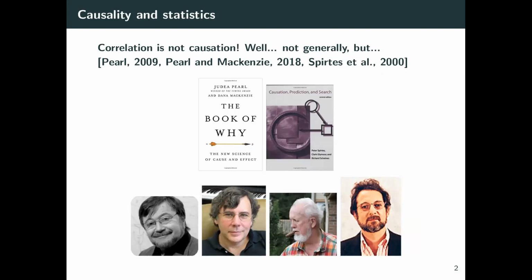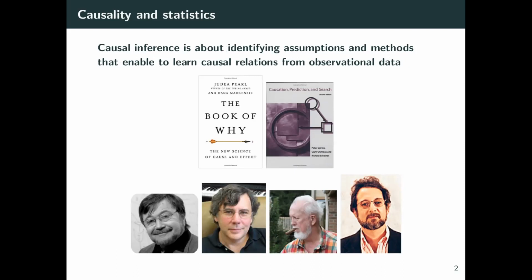And in the past 2 or 3 decades, the work of Pearl, Spirtes, Glymour, and Scheines, those people below here, has made causal inference an important subfield in many parts of science. Their basic point is that, yes, correlation is not causation, not generally at least, but the field of causal inference is really about identifying assumptions and methods that enable us to learn causal relations from observational data.